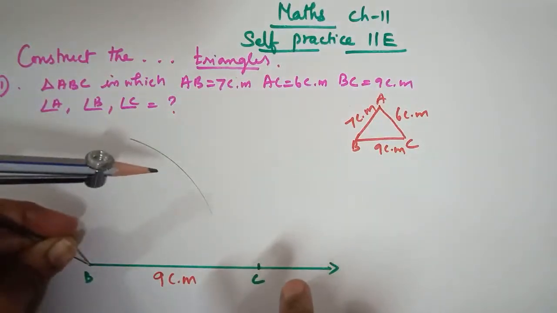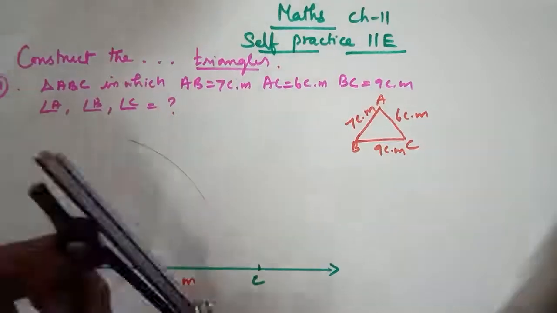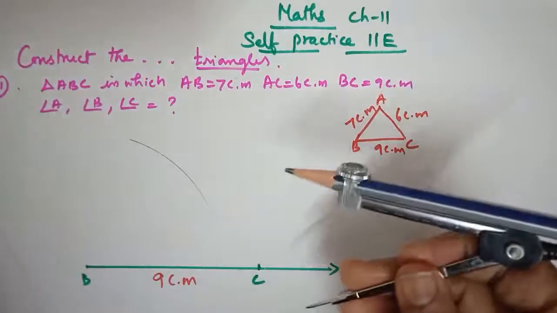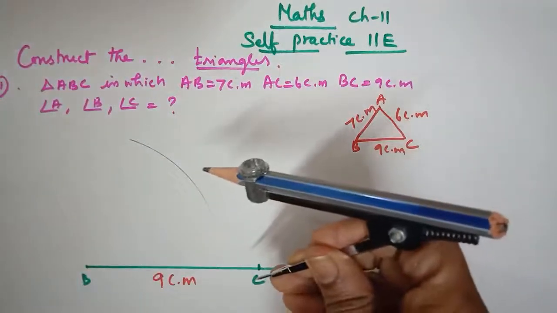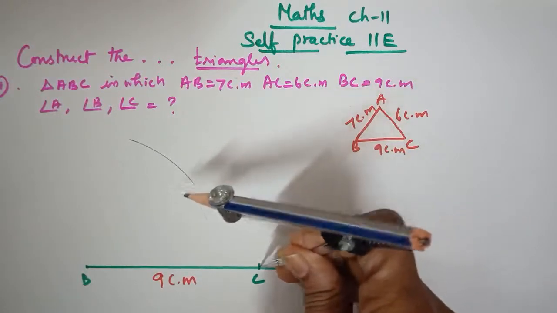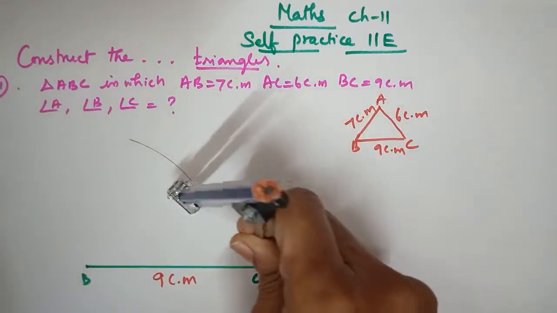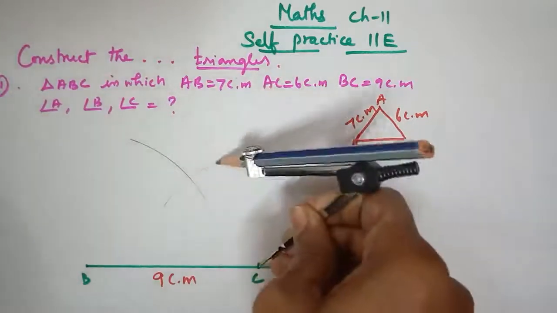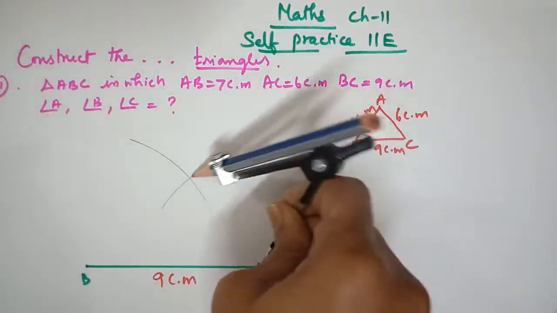Is it clear? Now again using the compass take 6 cm on the ruler, taking C as center, draw an arc which is intersecting the previously drawn arc. Is it clear?